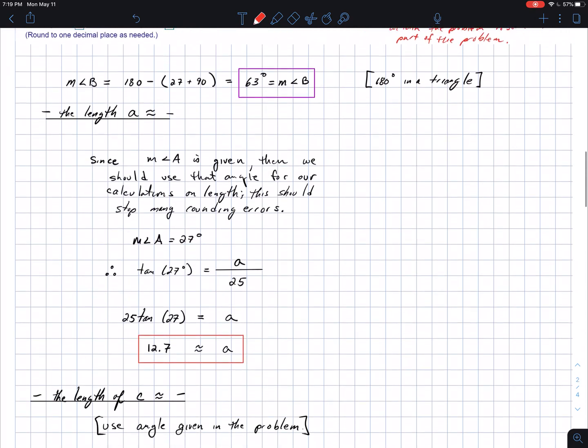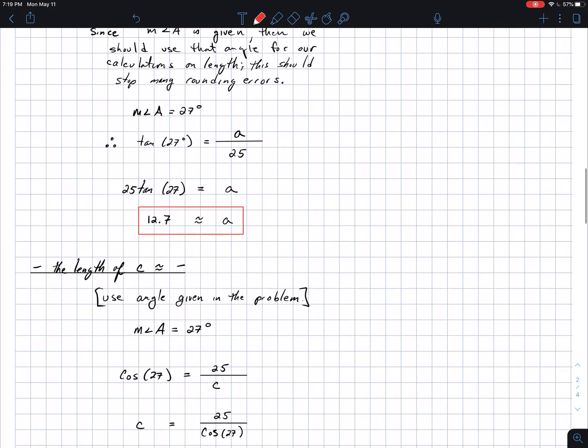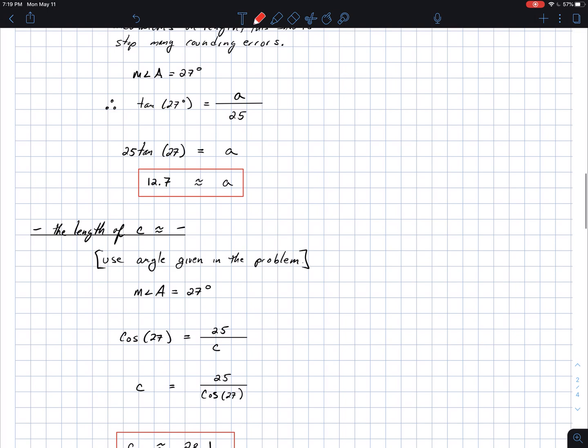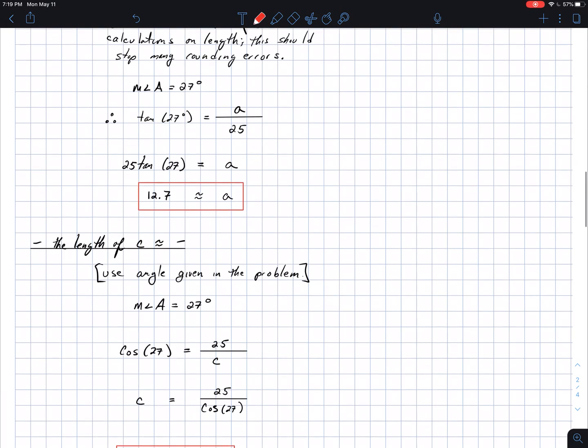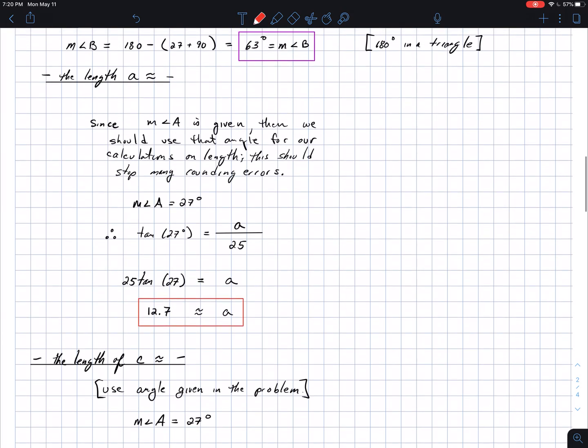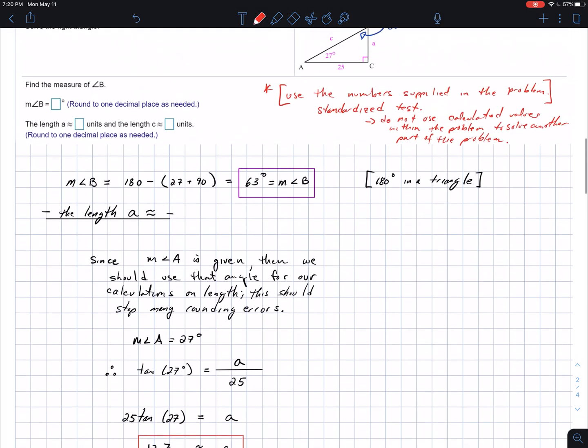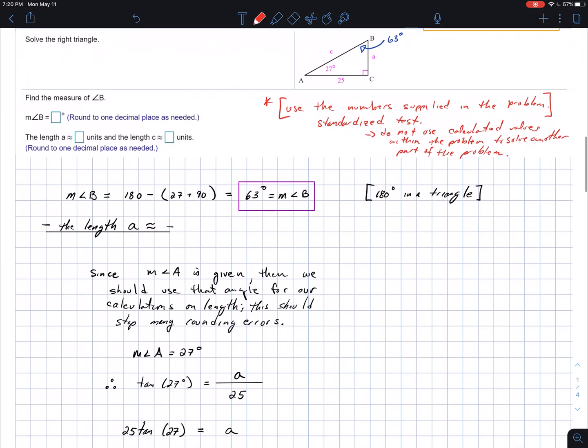So I did my calculations out by using the standards that we usually use in math. We use what's given to us, not what is calculated. Remember, mathematics is a language that is very visual. It's a very conceptual and visual language. And we have to keep that in mind when addressing these types of problems.